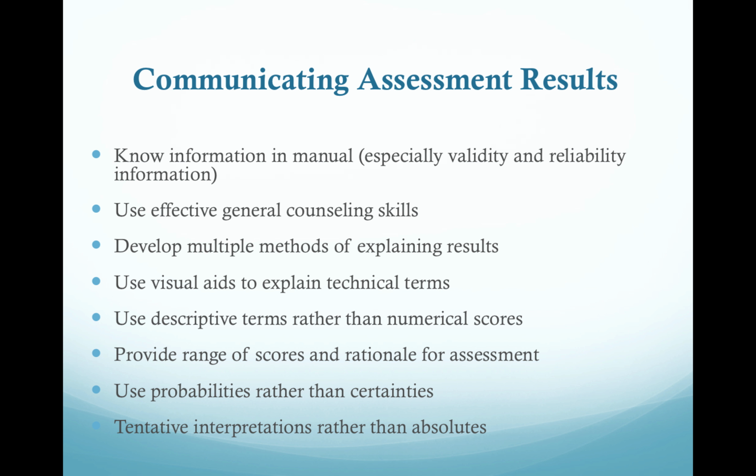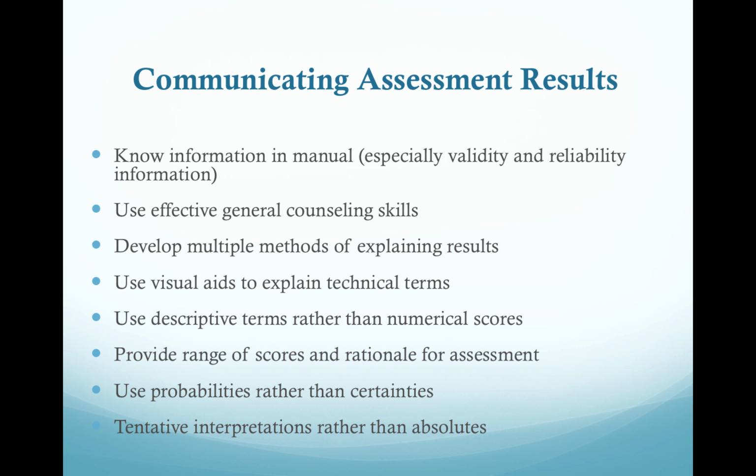Again, we want to use descriptive terms rather than numerical scores. People don't really know what the numerical scores mean, and it can be confusing. Since we're talking about OCD, if someone scores a 34 on the Y-BOCS, which is in the severe range, rather than saying a 34, I might just say that it was falling in the severe range.